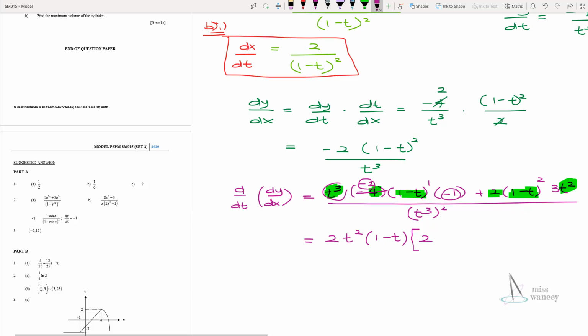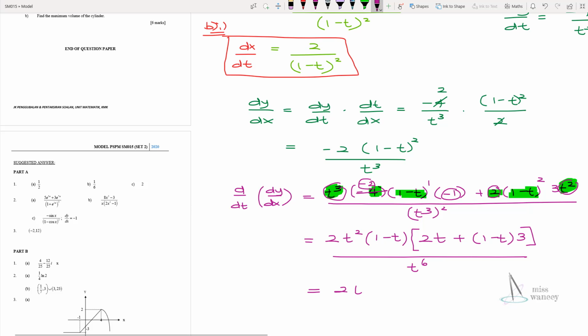One of the t square has gone out, so I'll be left with another t, so 2t. Over here, I already factorized the 2, and I already factorized one of the 1 minus t, so I'll be left with another 1 minus t. I already factorized t square, so I'll be left with 3 over t to the power of 6.